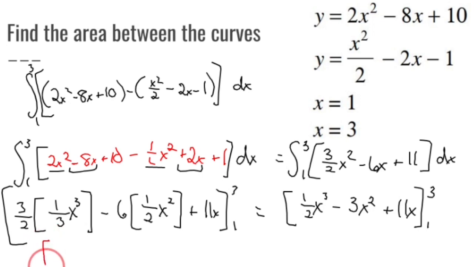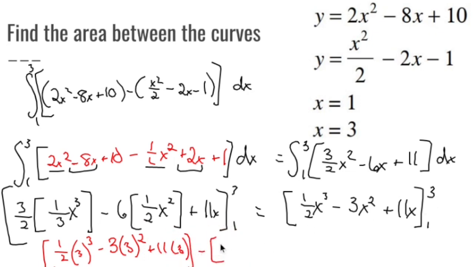So let's do it. So I have 1/2 times x to the third, so 3 to the third, this is going to be awful, minus 3 times 3 to the second power, plus 11 times 3, minus, okay, the exact same thing, but plug in 1, 1/2, 1 to the third, I can handle that one, minus 3 times 1 squared, plus 11 times 1.